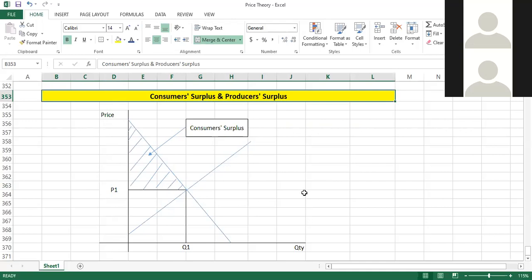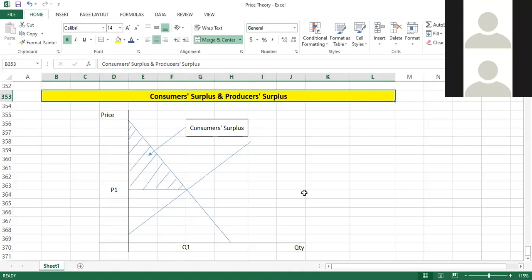He thinks, if I can sell 1 kilo for 50 rupees, that's good. I can get a reasonable profit. But when he went to the market, the price of a kilo of that product is 100 rupees. So he is willing to sell at 50, but the actual price the product is trading at in the market is 100.